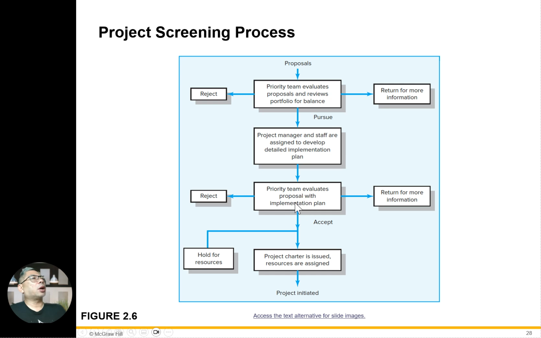If the proposal is no good, it gets rejected. If good, it is written up. If rejected, it is returned for more information. If accepted, it flows all the way to the project data issue. Resources are assigned, and the project is initiated. This is a typical flow of the project screening process.